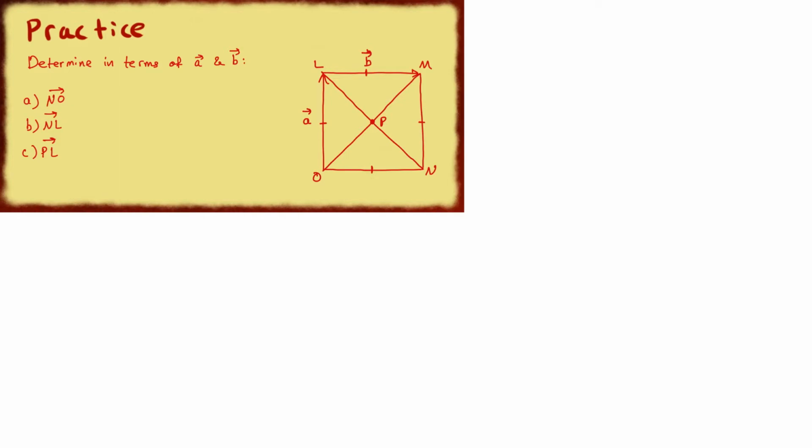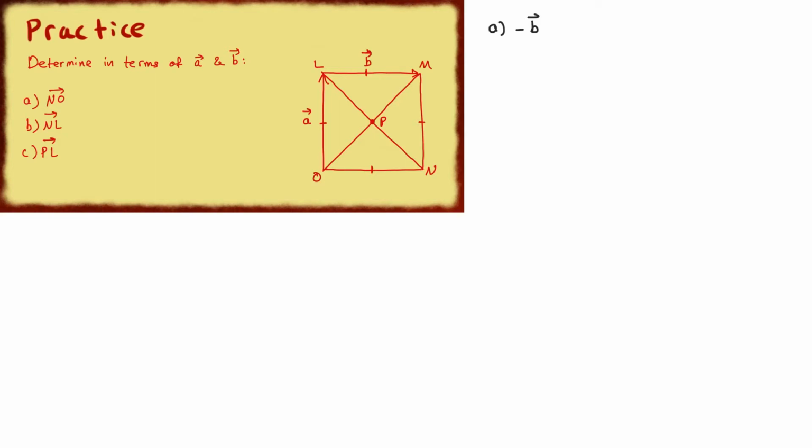And since all the sides are actually the same, it means that this is a square and the diagonals also bisect. That means that these sides are also the same. So for NO, which is in the opposite direction of B and it has the same magnitude, since it's completely a negative vector to LM or B, for A, our answer is going to be negative B.